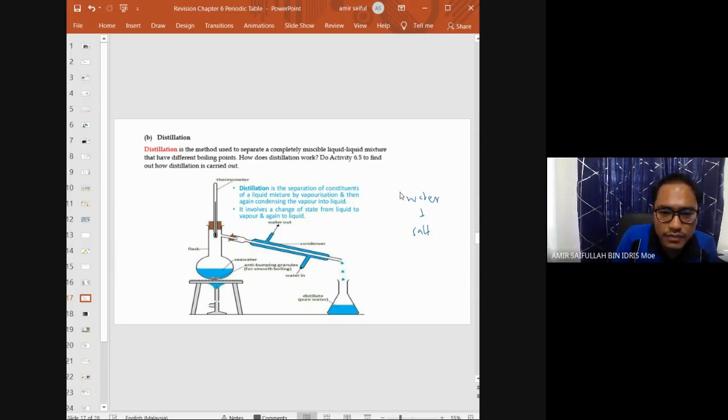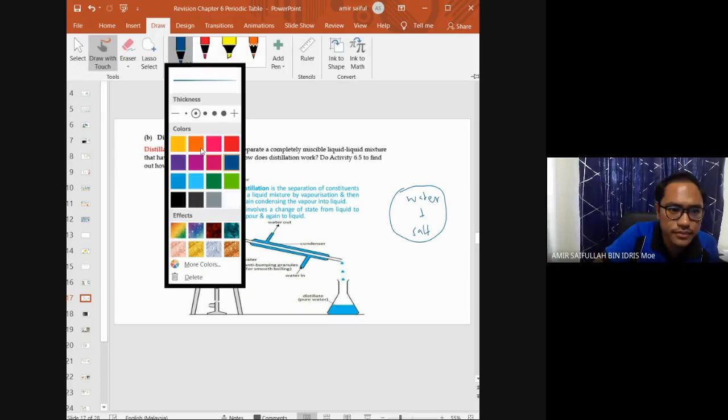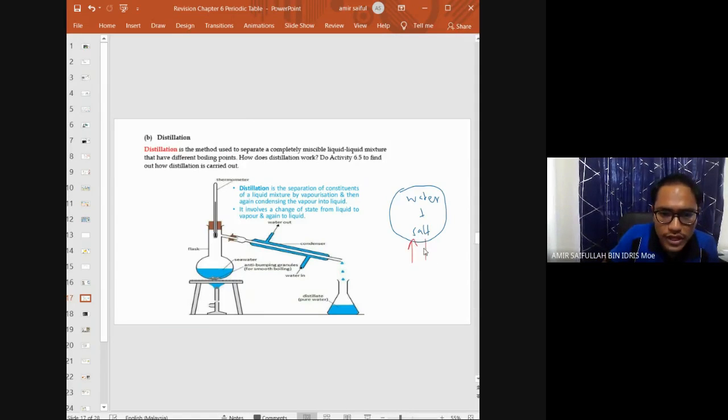When you boil them together, the water will be evaporated first. The salt will remain because salt has a higher boiling point, so you need to boil at a higher temperature.